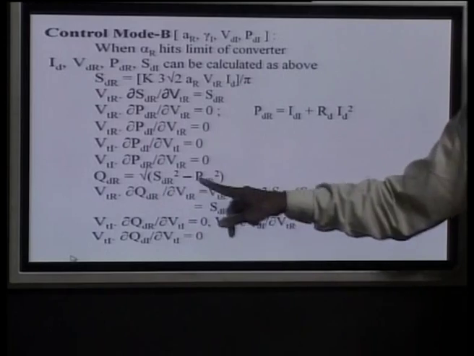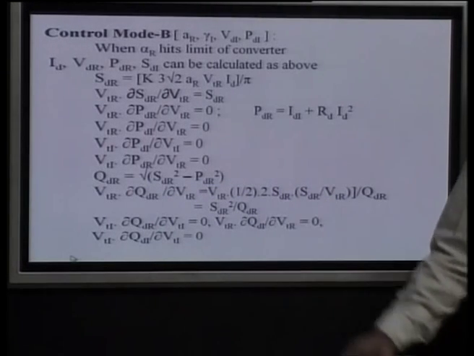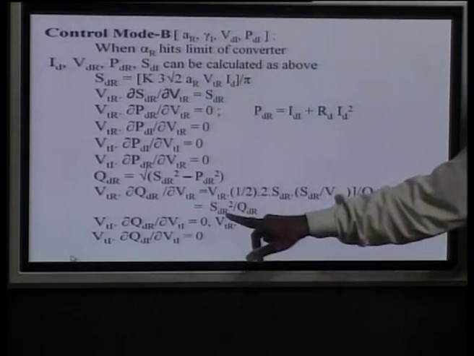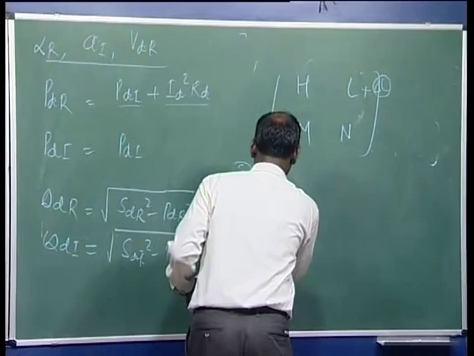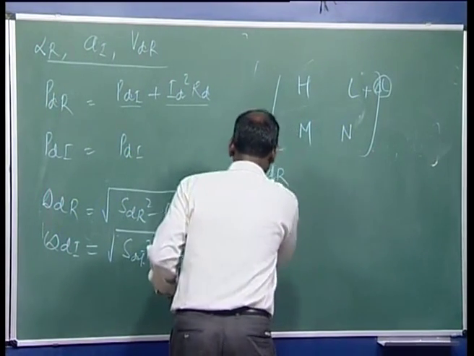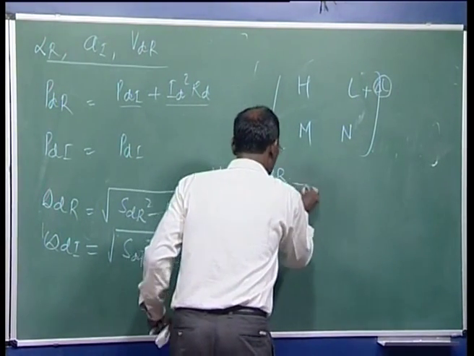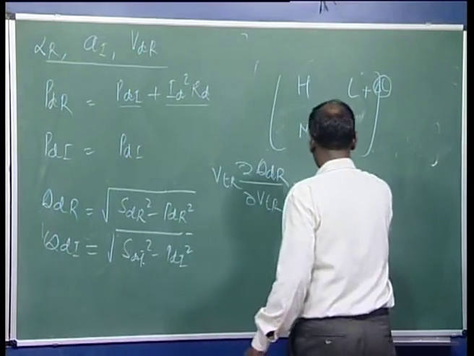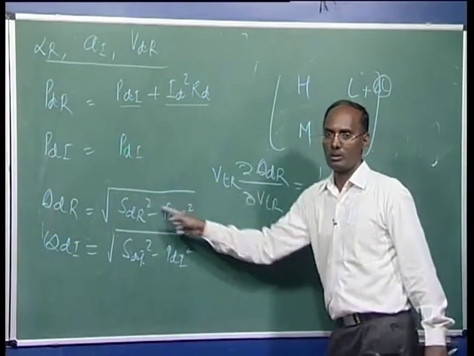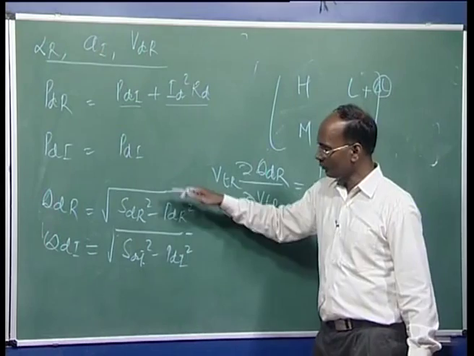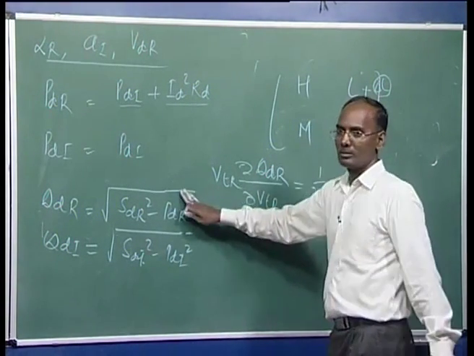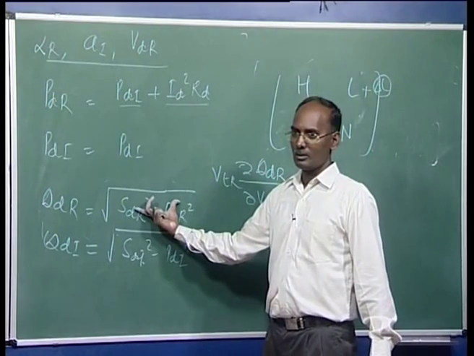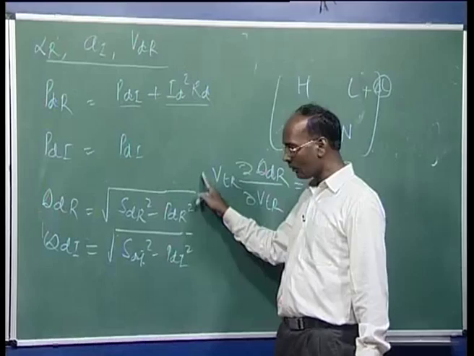And then if you are modifying here, differentiating this, you are going to get this SDR square upon QDR. Means simply you can differentiate this with respect to your VTR, what you are going to get. Here I can say 1 over 2, this is 1 upon QDR, whole this term, because this is power 1 by 2.